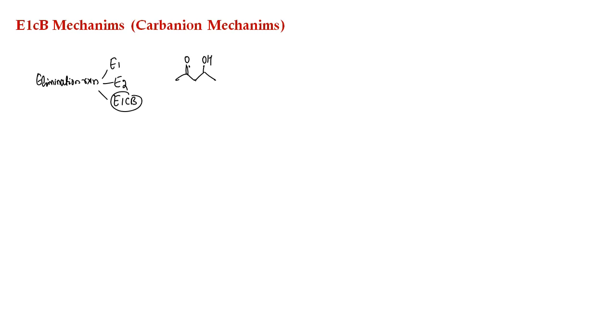A molecule which is known as beta hydroxyketone. As this carbon atom is alpha and this is beta, that's why we call it a beta hydroxyketone. In a basic condition facilitated by hydroxide ion, it gives rise to the formation of a new sort of compound which is known as an alpha beta unsaturated ketone.